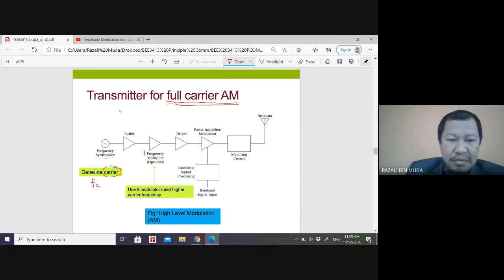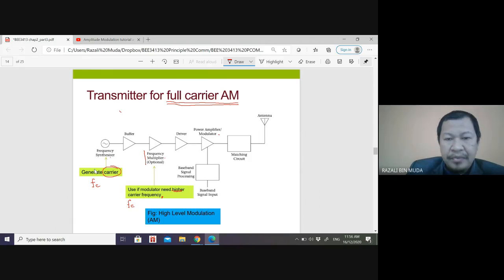This frequency multiplier is used if the modulator here needs a higher frequency carrier. So they multiply the frequency from the synthesizer and then you will get a higher FC.